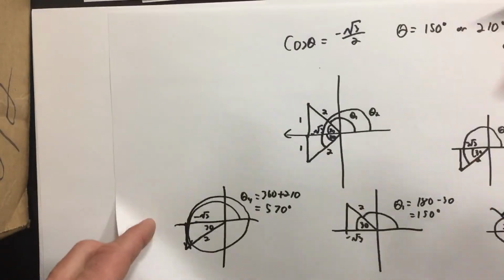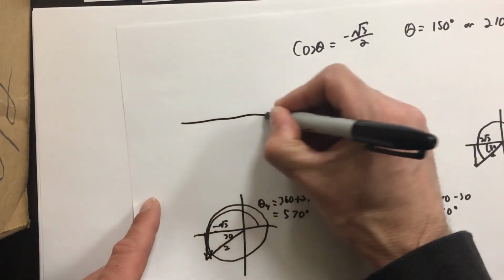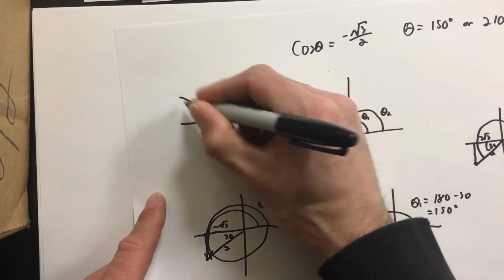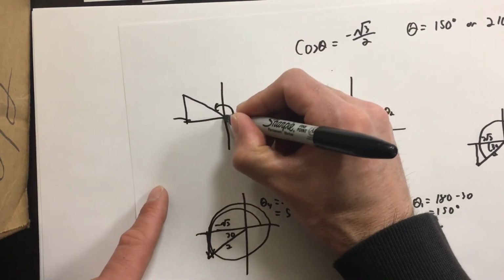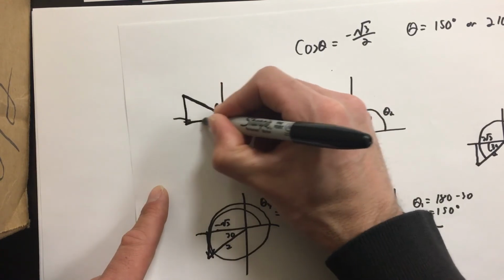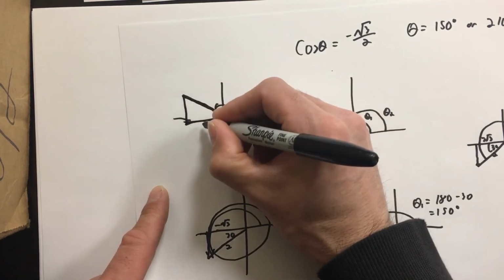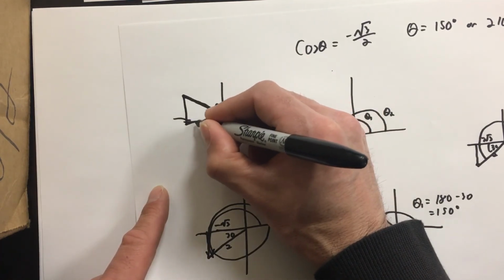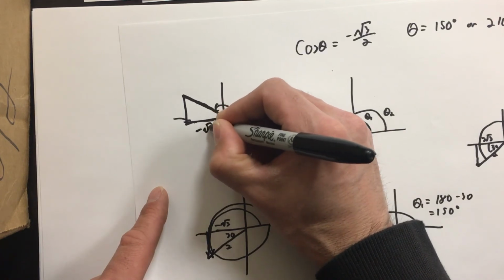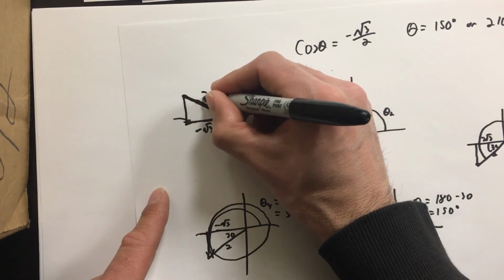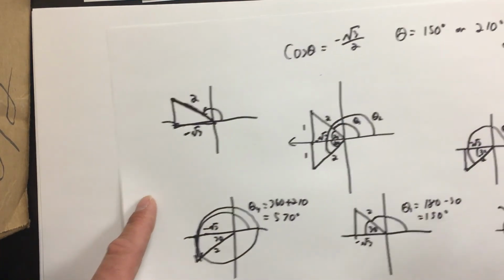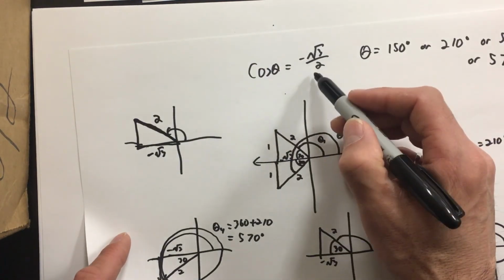And all of those solutions allow that arm to form a special triangle where the x side has a value of negative root 3 and the radial arm has a value of 2, giving us the required cosine of negative root 3 over 2.